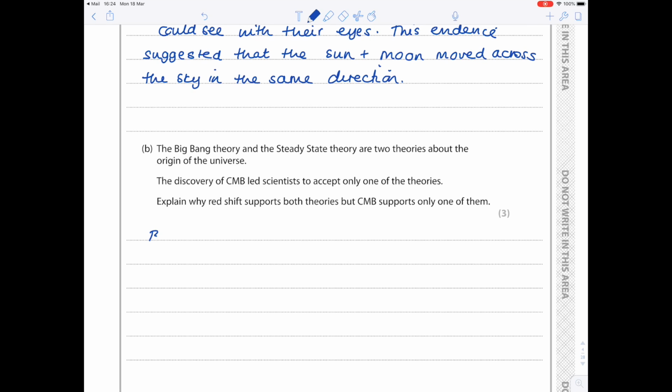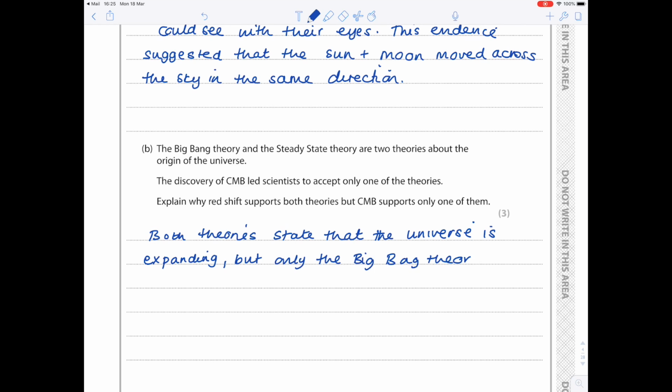So you want to start by saying that both theories state that the universe is expanding. But that only the Big Bang theory states that there was really a beginning where there was a huge explosion which sent all the matter whizzing out into space.